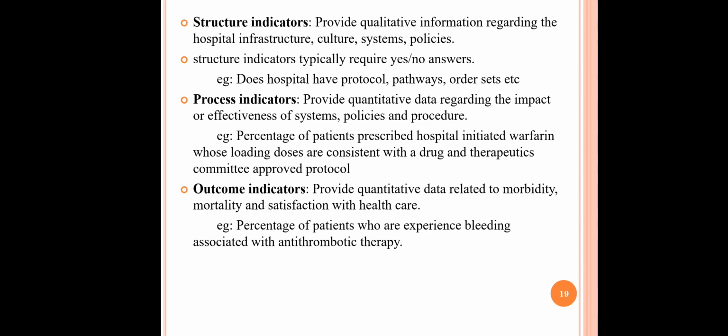Structural indicators provide qualitative information regarding the hospital infrastructure, clinical system policies. Structural indicators typically require yes or no answers. Does the hospital have a protocol, pathway, order set, etc.? Process indicators provide quantitative data regarding the impact or effectiveness of system policies and procedures. For example, percentage of patients prescribed hospital-initiated warfarin whose loading doses are consistent with a drug and therapeutics committee approved protocol.